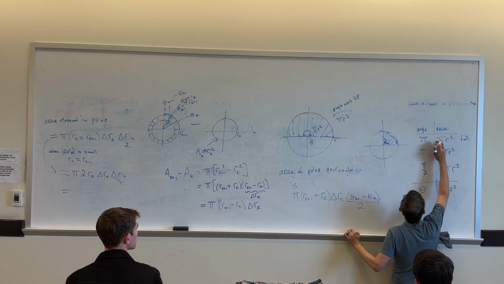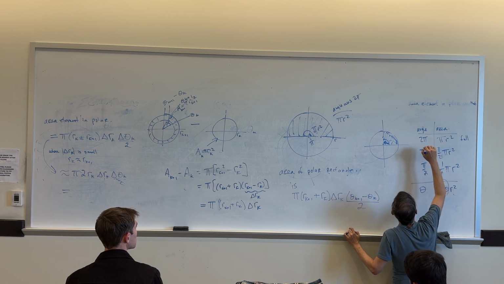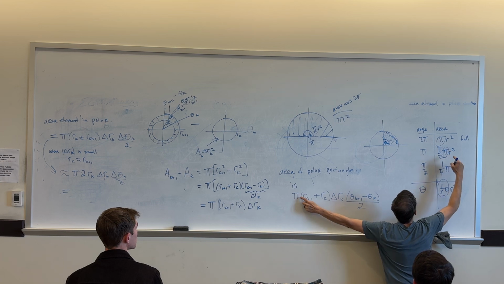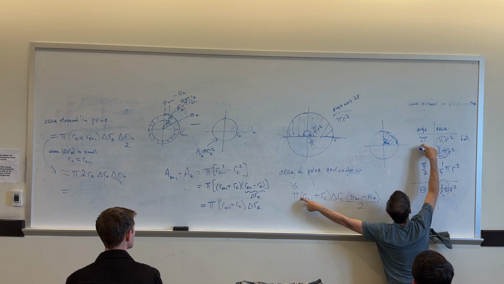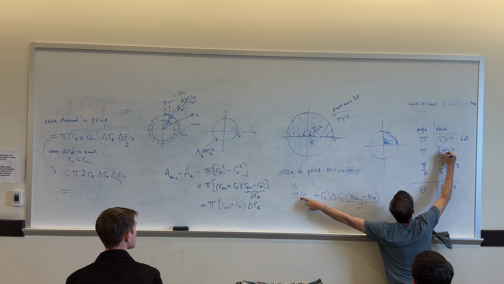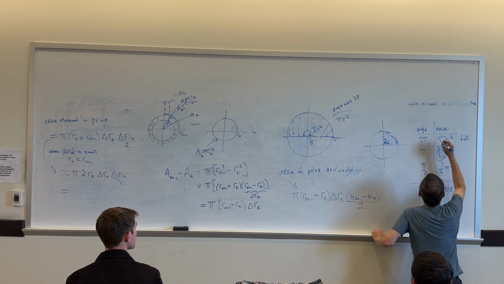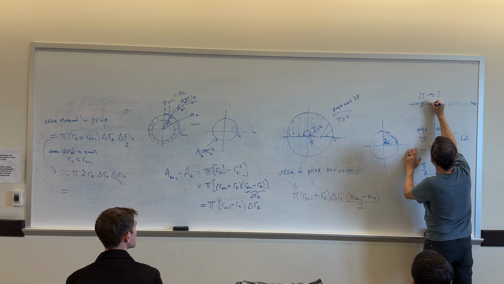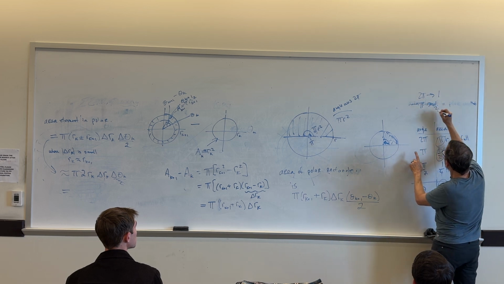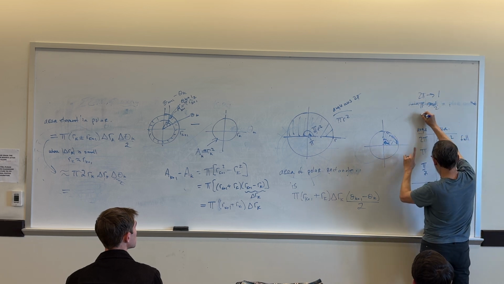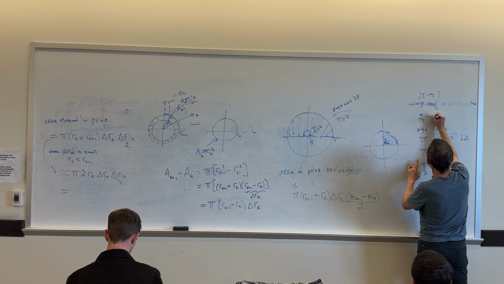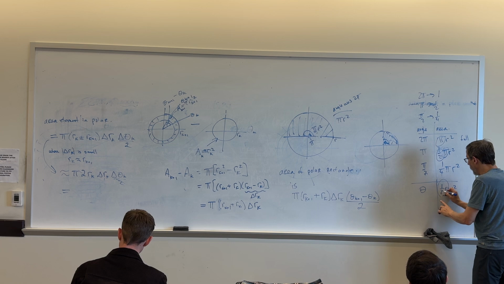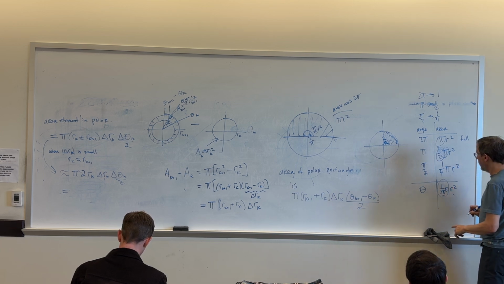So once the pi is already included, and I just got my angle, this pi comes along for the ride. This is that same pi here. So what I need to do is move from the angle measure to this number out in front. So in other words, 2 pi needs to go to 1, pi needs to go to 1/2, and pi over 2 needs to go to 1/4, because I've already got my pi there. So what I forgot to do is put a 1 over 2 pi here.